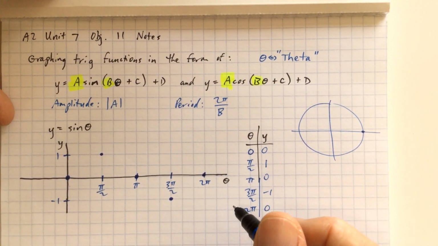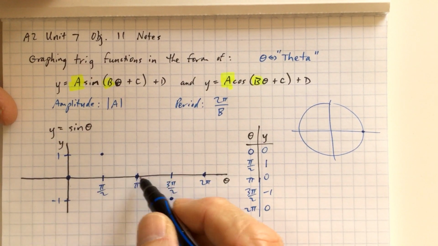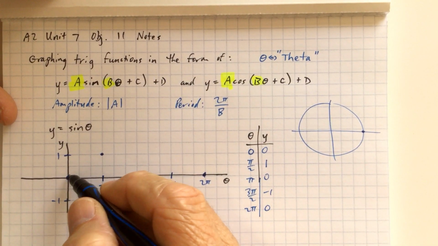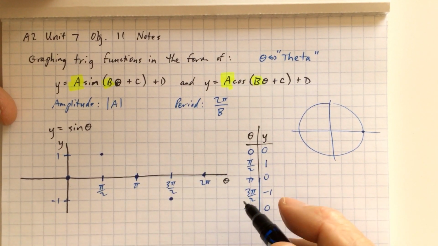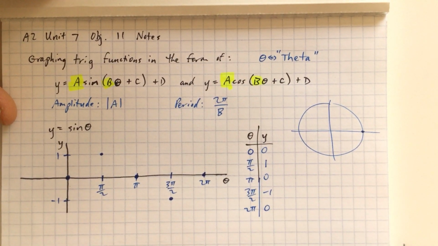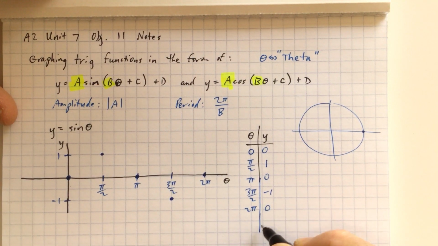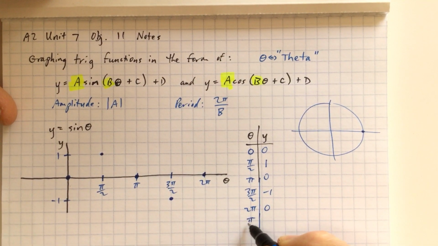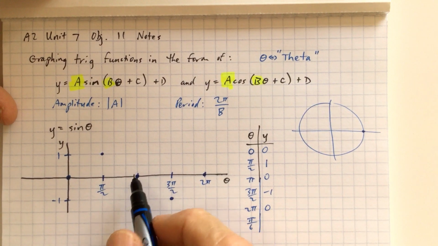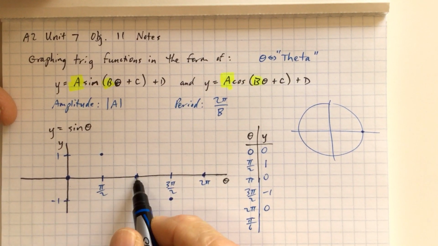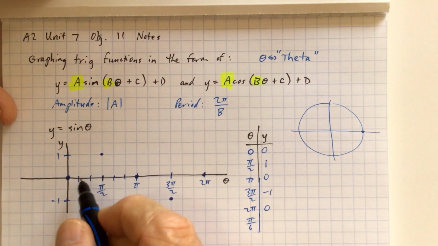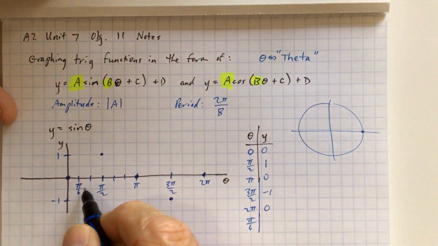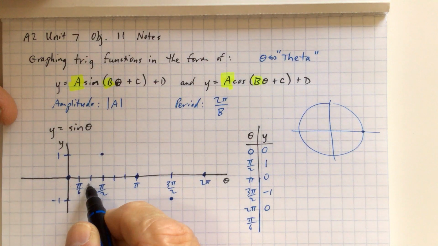The question is, how do we get from each point to the next? One might think we're just going to draw a straight line, but let's put in a couple more values so you can see it's not going to be a straight line. Let's put in pi over 6. If we divide pi into 6 equal sections, 1, 2, 3, 4, 5, 6, then 1 pi over 6 would be right there. 2 pi over 6 would be right here.